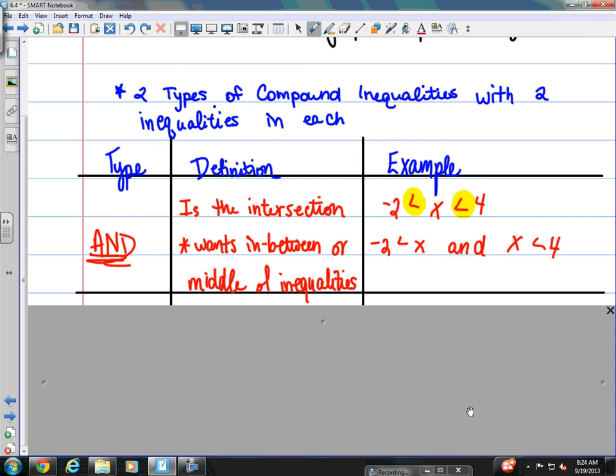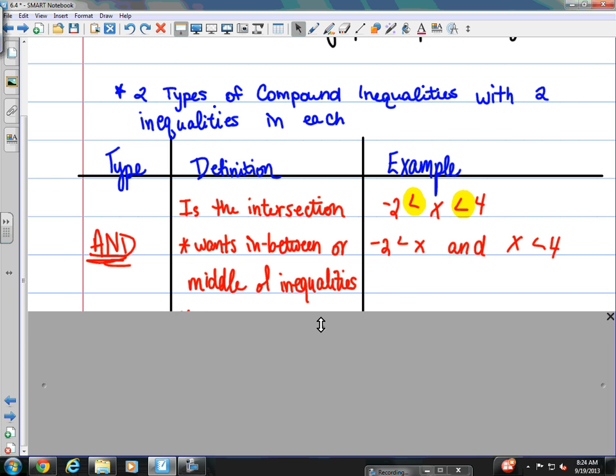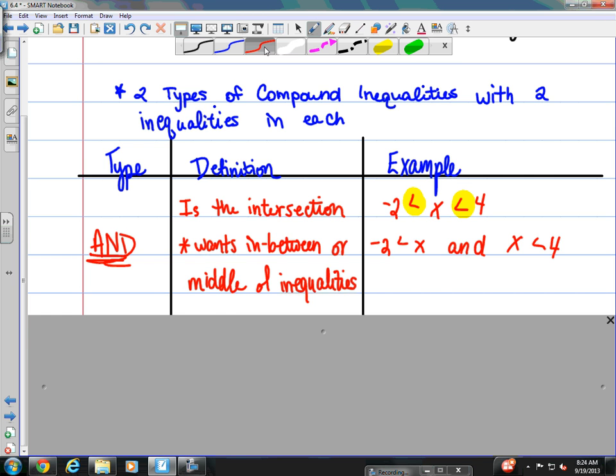Now, if you remember from the previous part of inequalities, we like to have our variable on the left because it makes it easier on us. So what we're going to do is flip this first one. So if you remember, whenever we flip something, I have to flip the inequality symbol too.